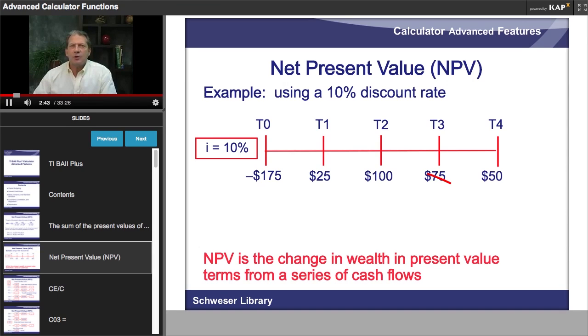Say that this cash flow were $100 instead of $75.